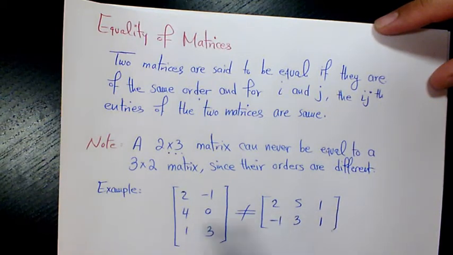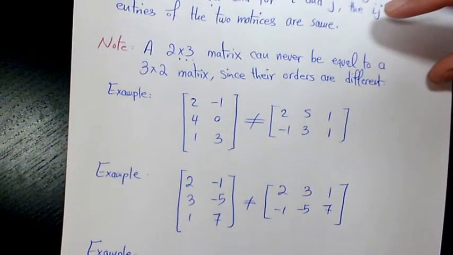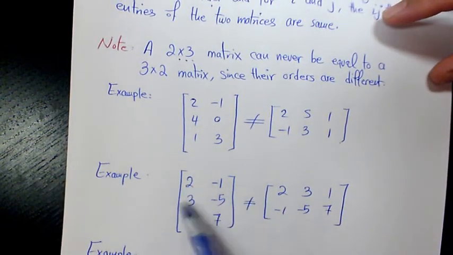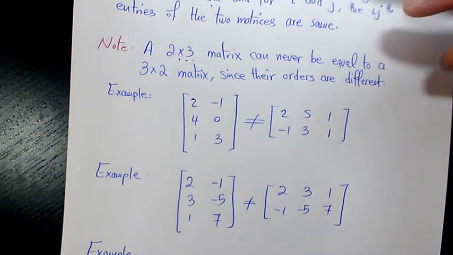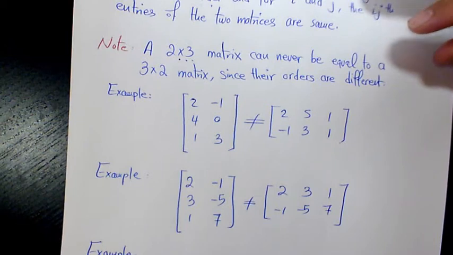So since the order is not the same, these two matrices are not equal. Next example, again it is 3 by 2 and 2 by 3, and although all the elements look the same, since the orders of the matrices are different, these two matrices are not equal.